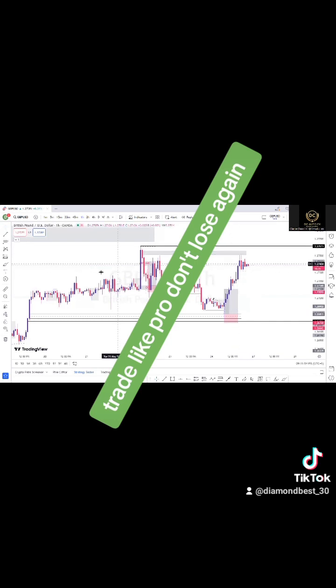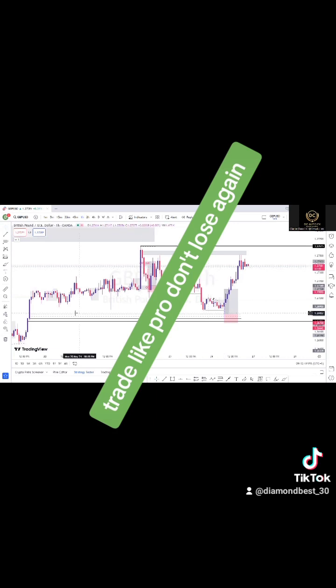So I prefer using candlesticks, knowing how strong a buying trend or a selling trend is, and using it to predict the future outcome of the market.